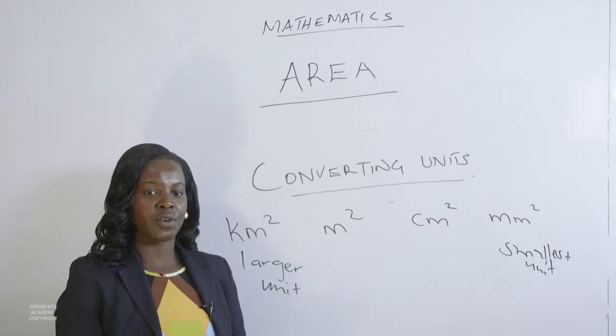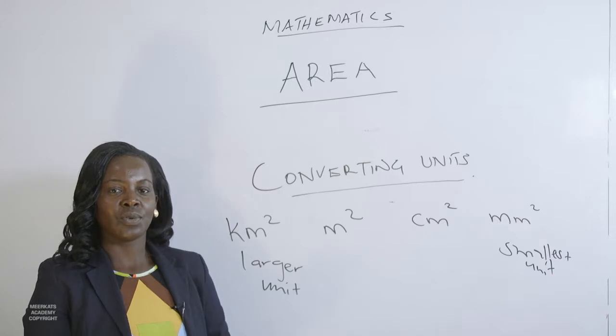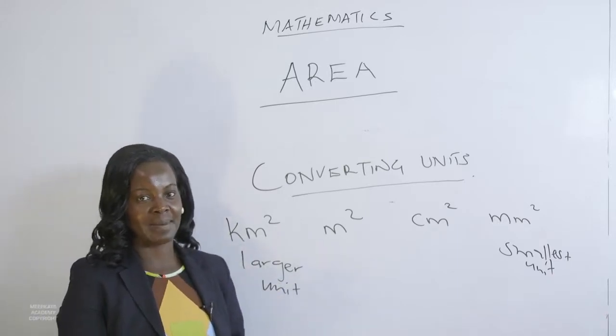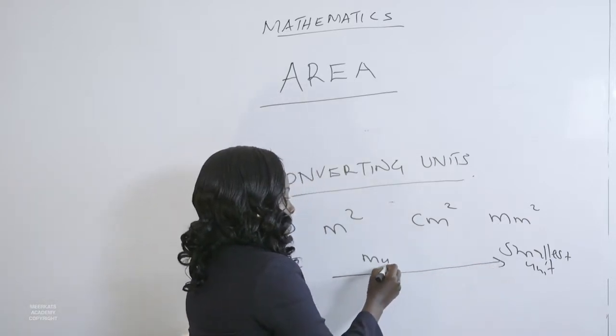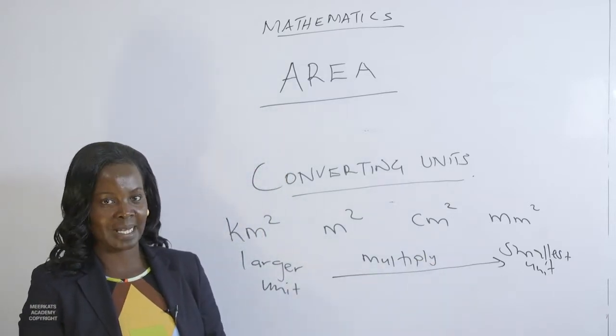If we are converting from a larger unit to a smaller unit, if you remember from our last lesson, we multiply. A larger unit to a smaller unit, we multiply.